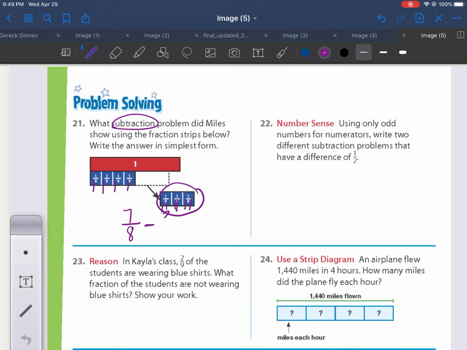So there was 7/8. I'm going to take away. How many did he take away? 1, 2, 3. So how many are left? 1, 2, 3, and 4. Remember that 4 is half of 8, so it's going to be half.